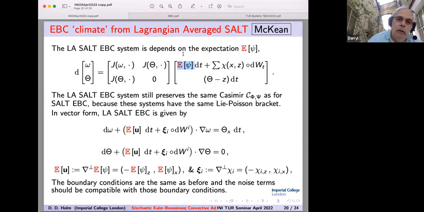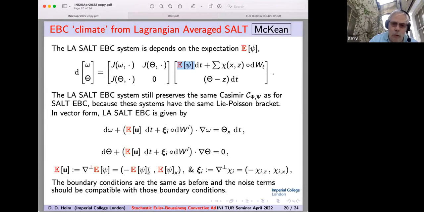But first of all, it still preserves that whole Casimir family again. So that really lowers the dimension, having an infinite number of conservation laws. It also has a Kelvin theorem for that matter. In vector form, it looks like this. So the expectation is appearing in the drift of the vorticity and temperature equations.